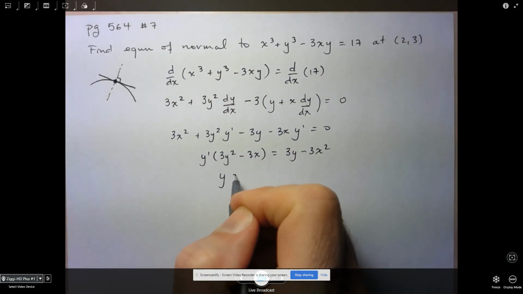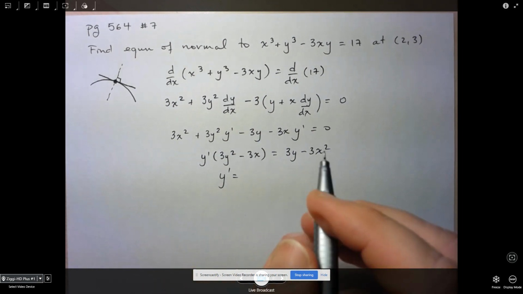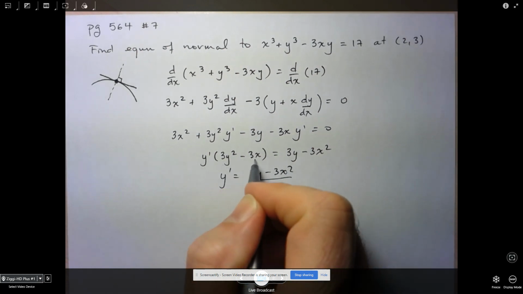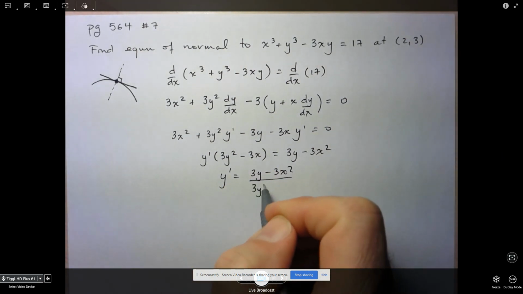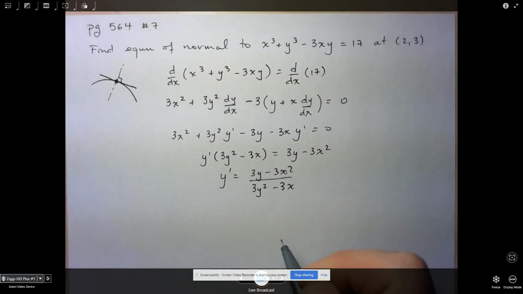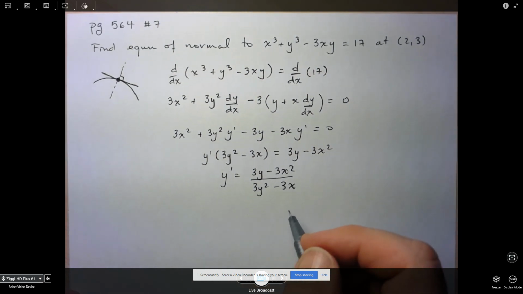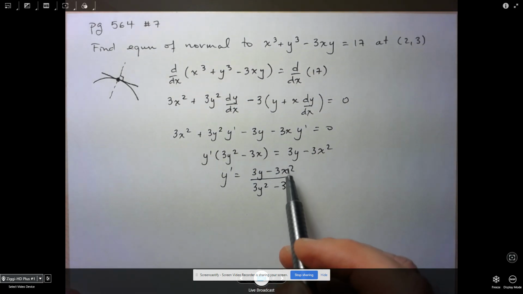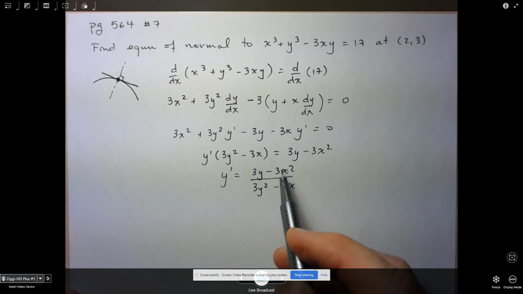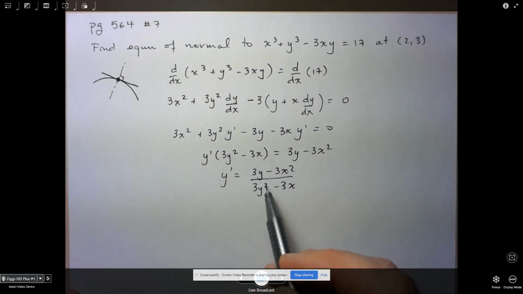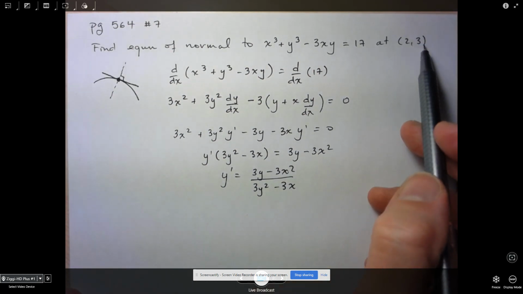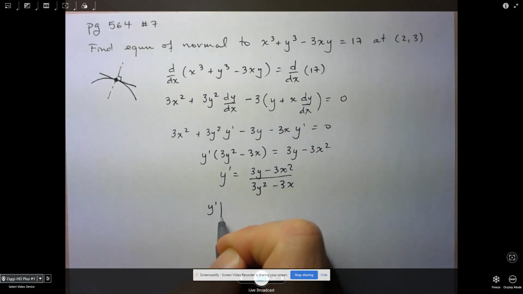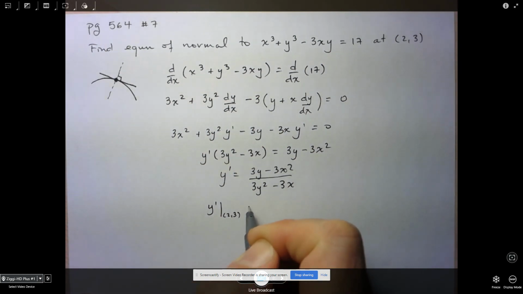And so finally, we can solve for y prime, and we have (3y minus 3x squared) divided by (3y squared minus 3x). All right, so now that we have the derivative, what we were looking for, we notice that our derivative, as with most cases of implicit differentiation, contains both x and y. So that's why we needed the full point here. So now I'm just going to input (2, 3) into this derivative.